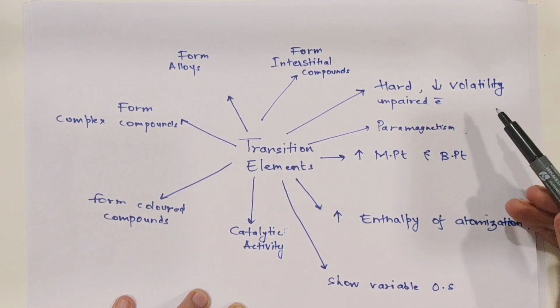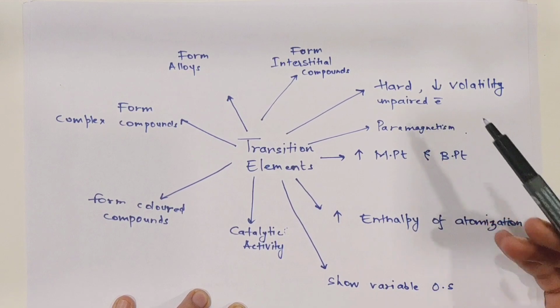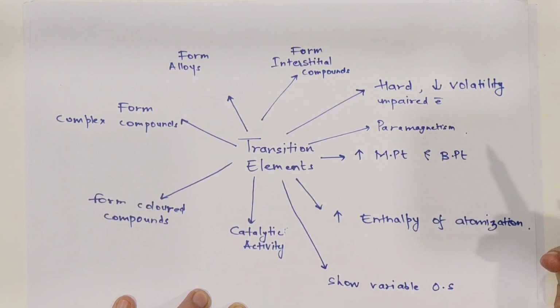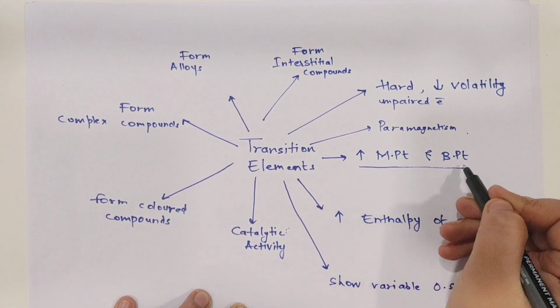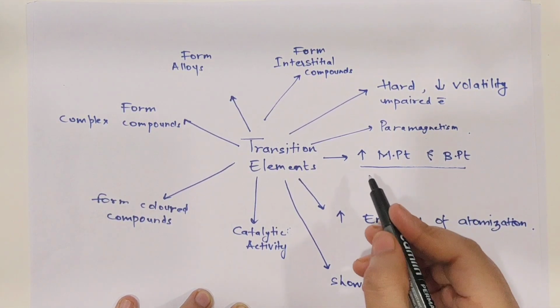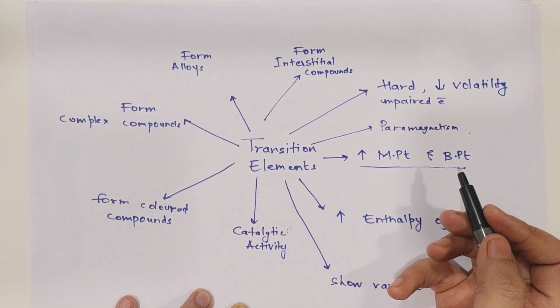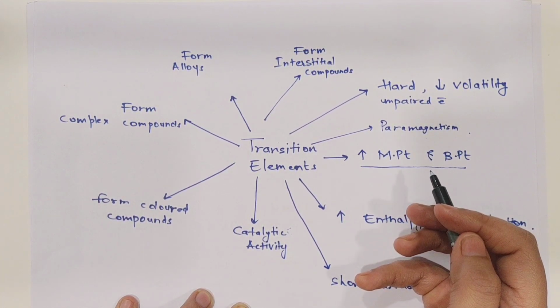If there are unpaired electrons, that means those unpaired electrons take part in bonding, metallic bonding. And when they bond, they increase the melting point and boiling point. How? The type of bonding in transition elements is metallic bonding. Metallic bonding depends upon how many electrons take part in the bonding.